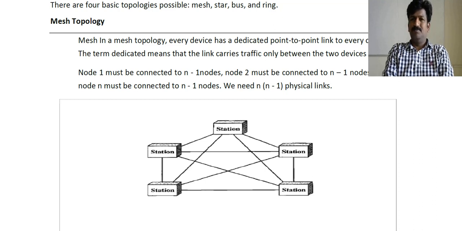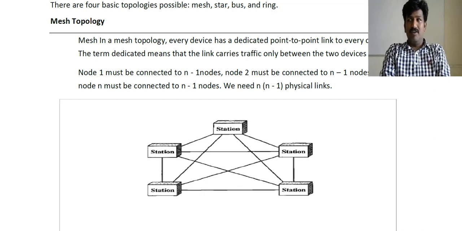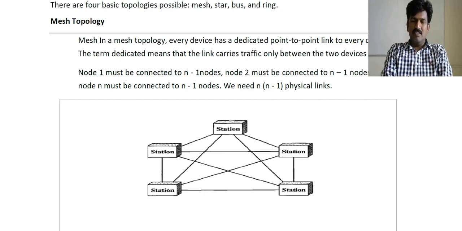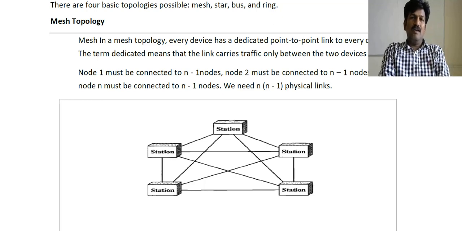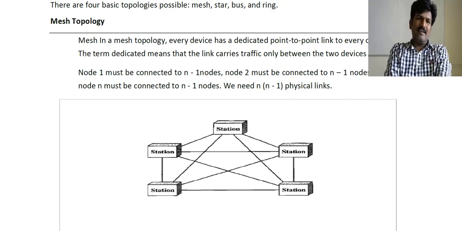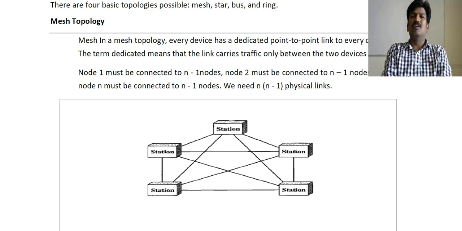Let's consider that if n number of nodes are included in the network, node 1 is connected to the n minus 1 nodes. You should understand that node 1 does not mean the number of nodes is 1.